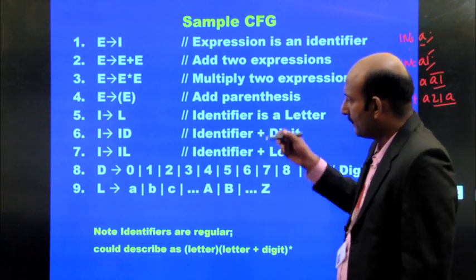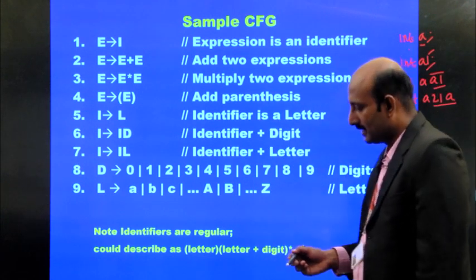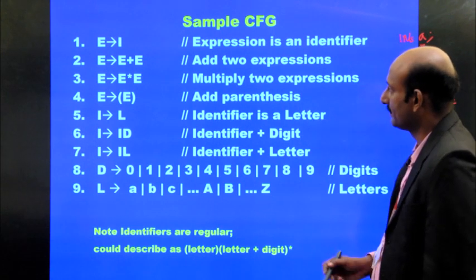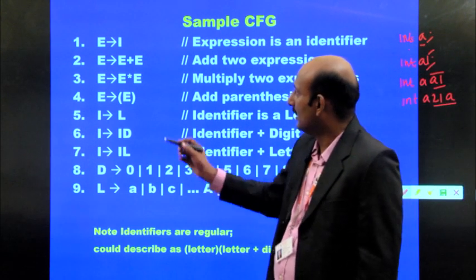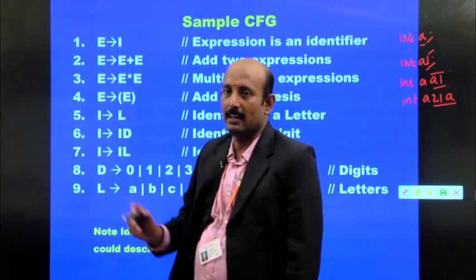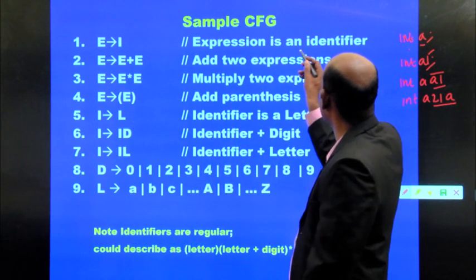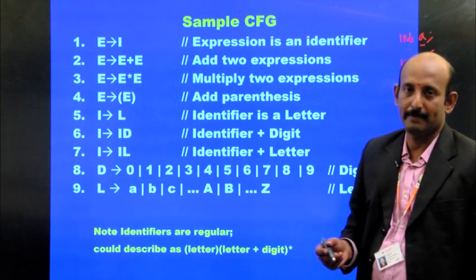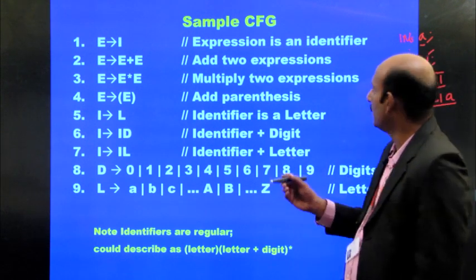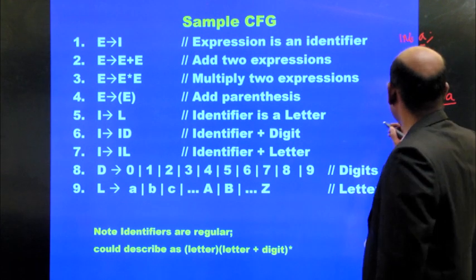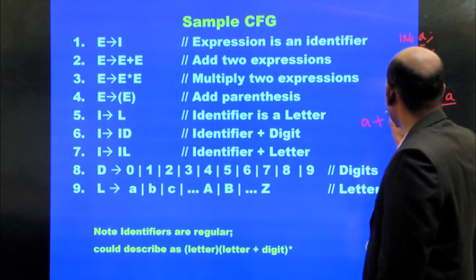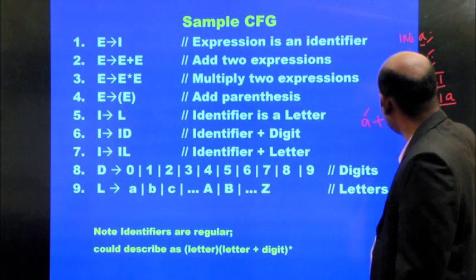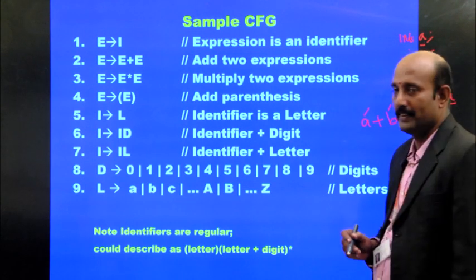So from this grammar, the expression E is an identifier. Identifier means a variable. Suppose you have a plus b, where a is a variable and b is also a variable.